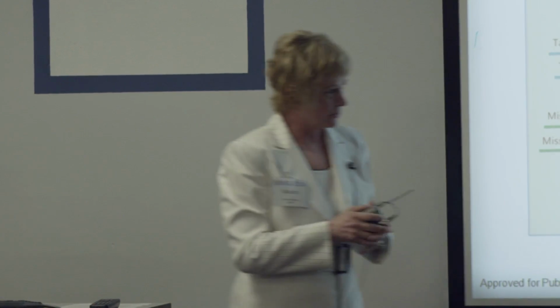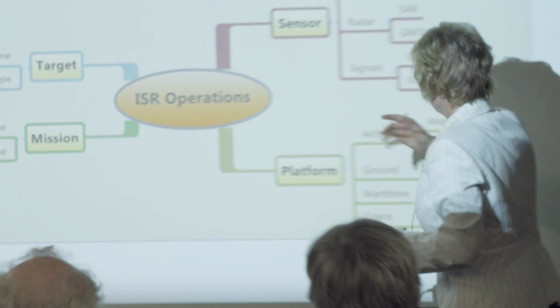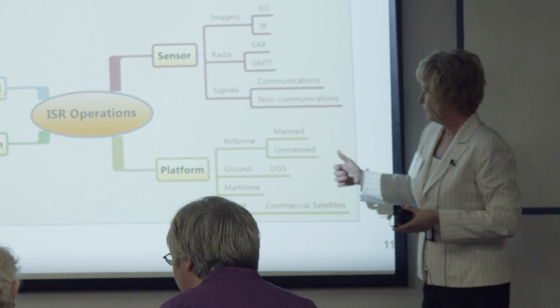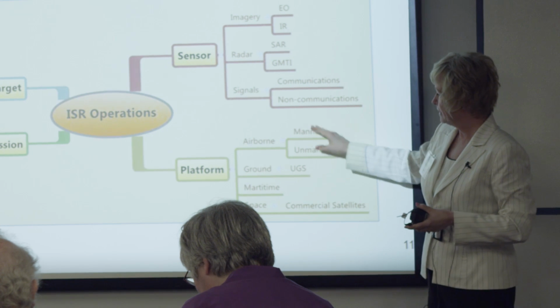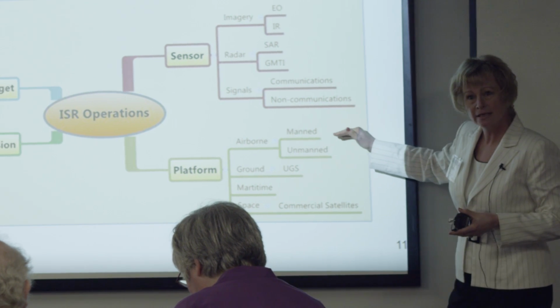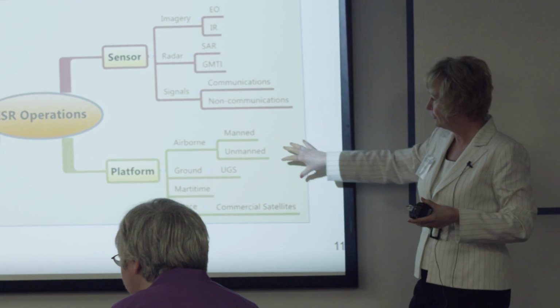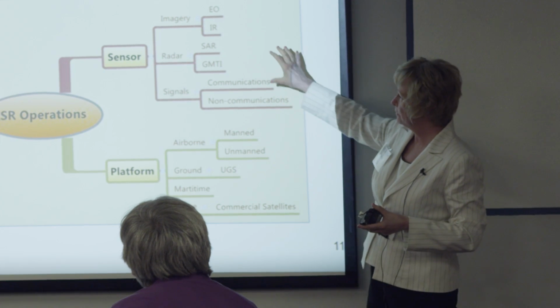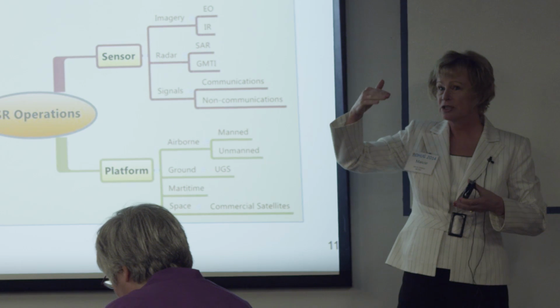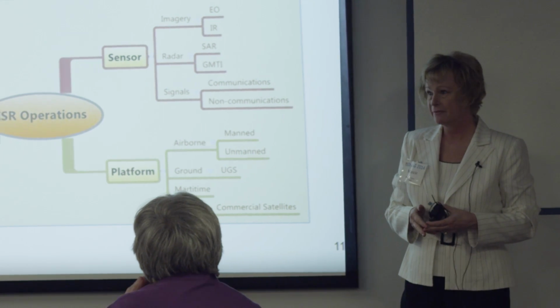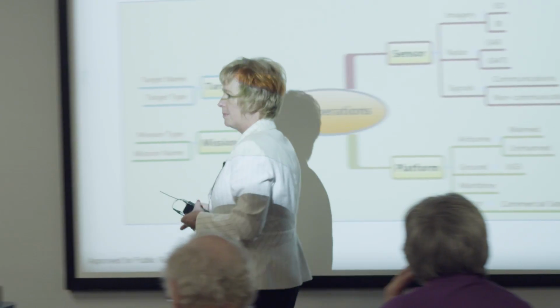If you can envision here on this side, what they would see would be on a platform, you can see I have air, ground, maritime, and space, manned and unmanned, and then there would be the listing of the individual sensors, individual platforms, the listing of the individual sensors. So they would see the instances and then the higher categorization, and that's what we were looking for feedback from them. But could not do it without a picture.